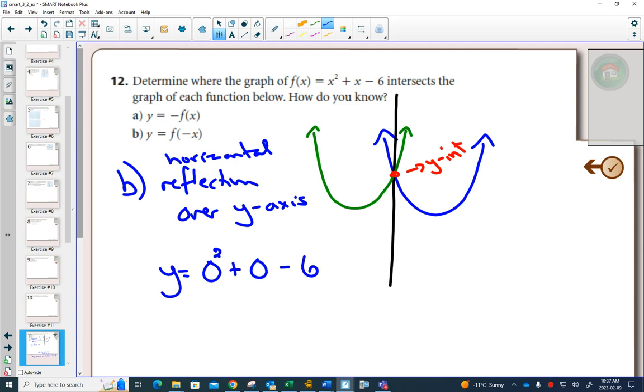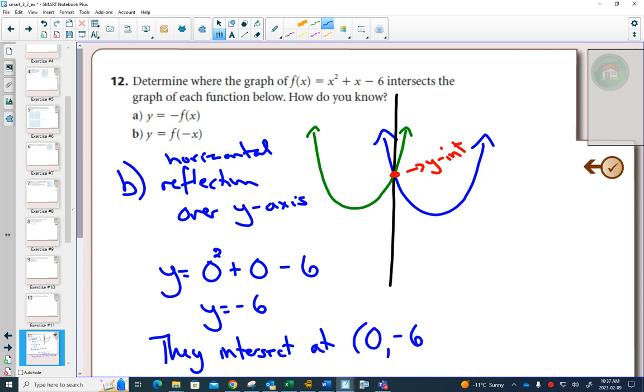You could probably do that mental math on your own. But it's showing that I plug in 0 for x, and they would intersect at 0 and negative 6.